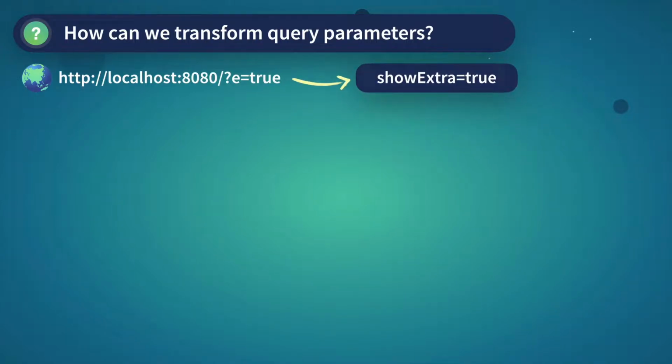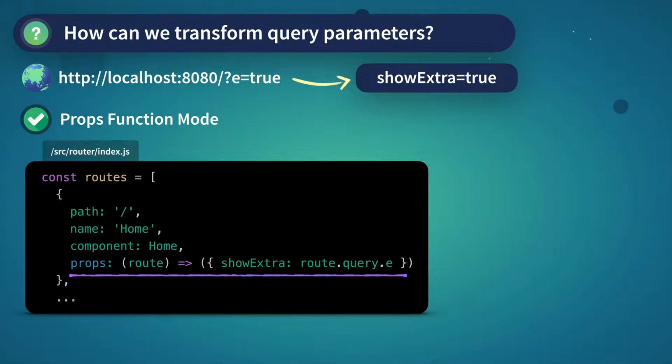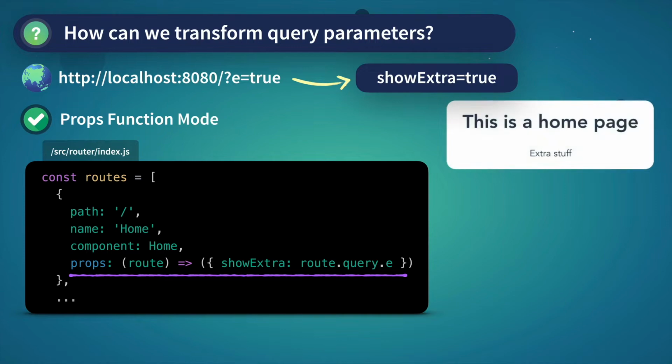In this case, we can use props function mode. So back inside of our router file, we'll write props route showExtra route.query.e. You can see here we're creating a new object and setting the showExtra property equal to query.e. That gets sent in as a prop using the component you saw in our previous example. That would print out a home page with extra stuff.